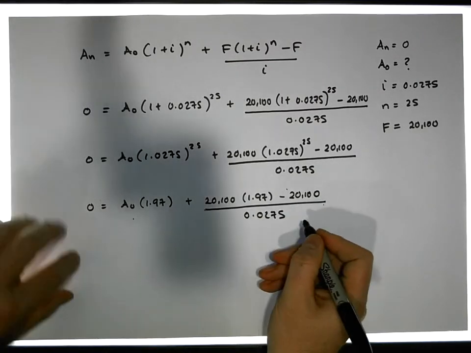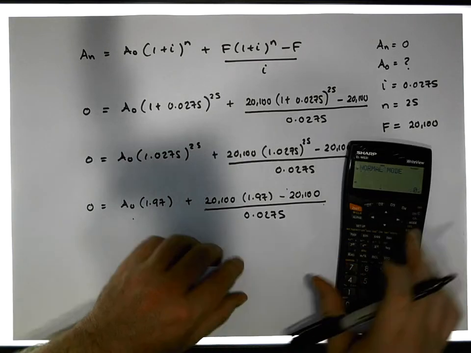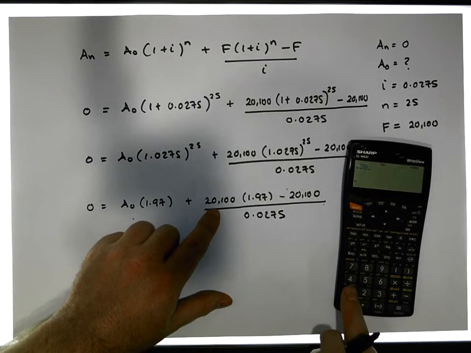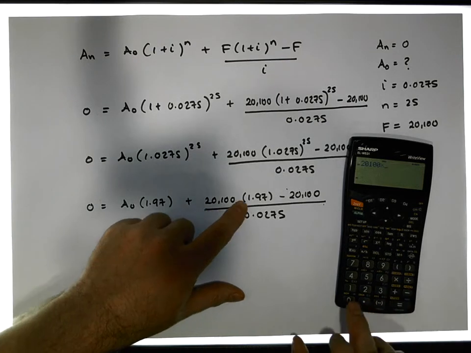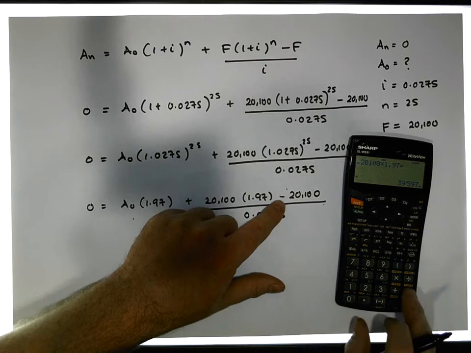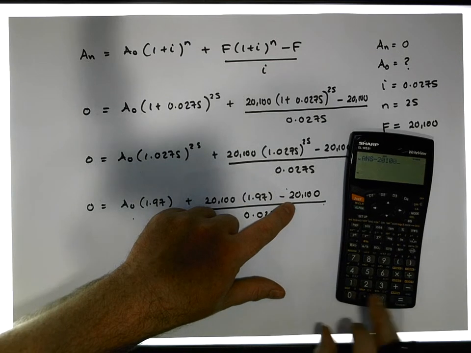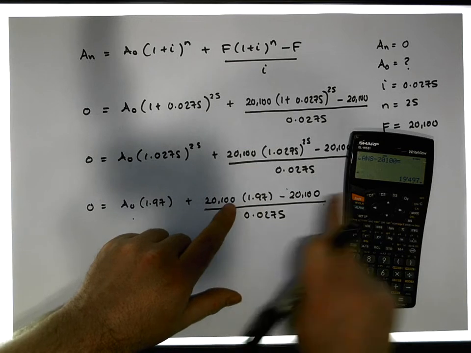Okay, let's do this calculation here. So what have we got? Our numerator is 20,100. That needs to be multiplied by 1.97. That gives us a value. And we need to take away from that 20,100. That gives us the value of the numerator here.